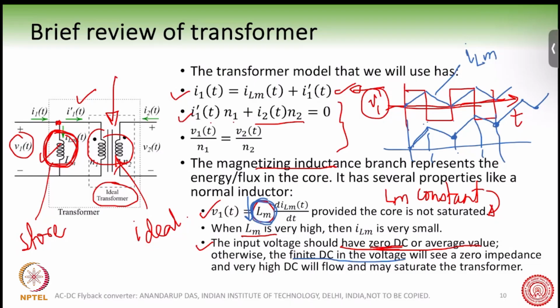Of course, you may argue, who will limit the current? There is also some resistance, and that is what will limit this current, but we will not talk about that resistance. So we will say that V1(t) should have zero average value.